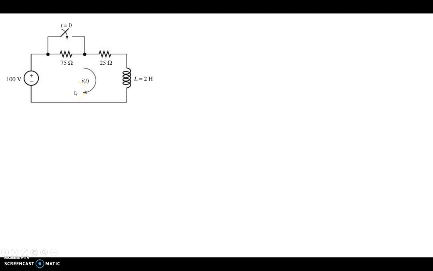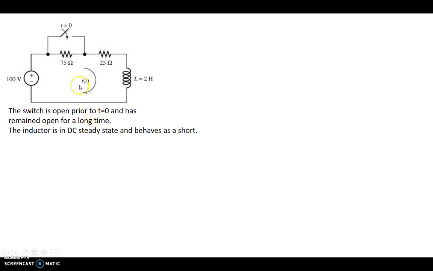Okay, so in order to do that, we've been told that the circuit has been around and the switch has been open for a long time. So really the circuit is basically these two resistors and this inductor, but since the circuit has been open for a long time, this inductor is fully charged and acts as a short. So the circuit basically looks like this.